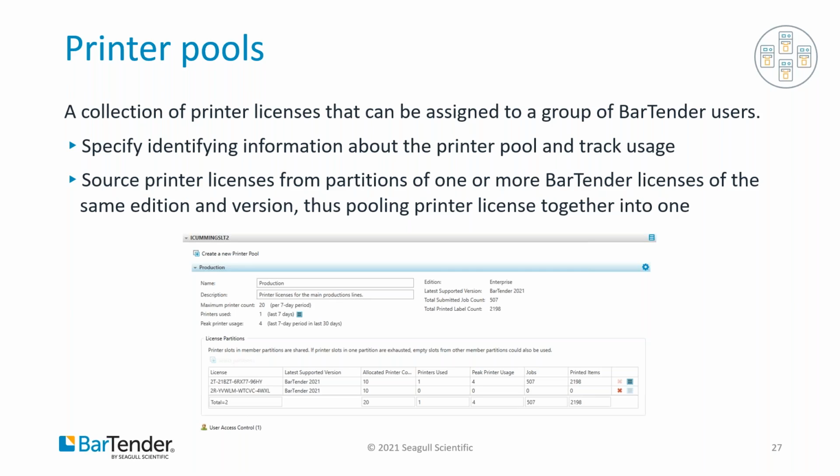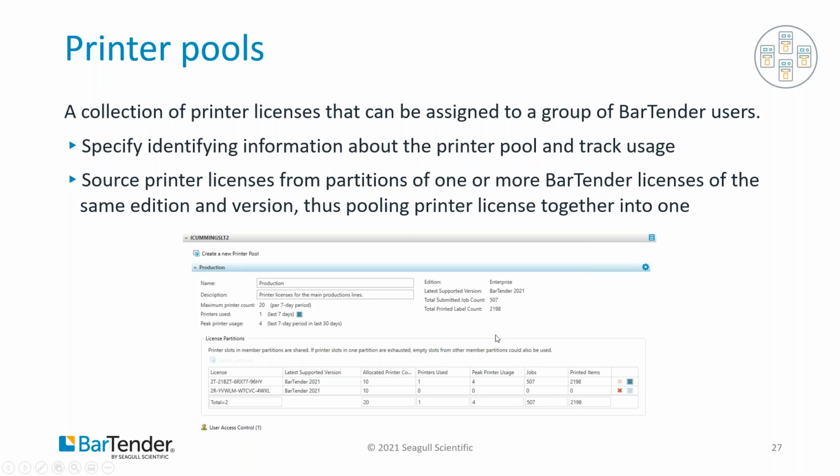And thus, by pooling printer licenses, you can pool printer licenses from more than one BarTender software license, although the software licenses have to be of the same edition and version.